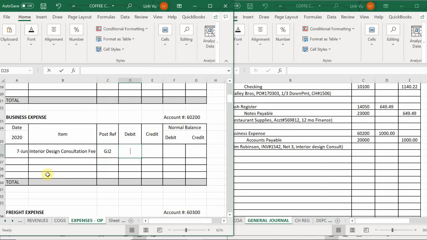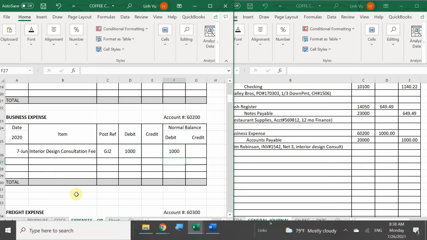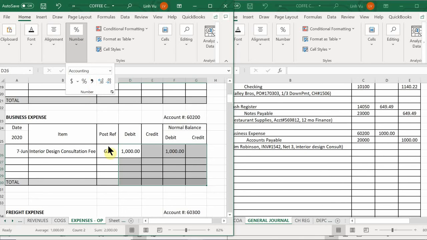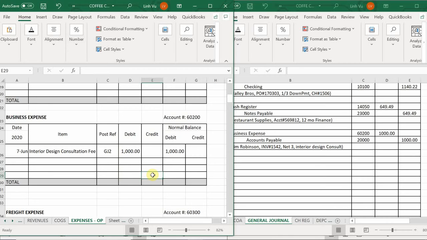And I'm going to be debiting for $1,000 because that's what the bill said it was. And then the next account that we have here is accounts payable.